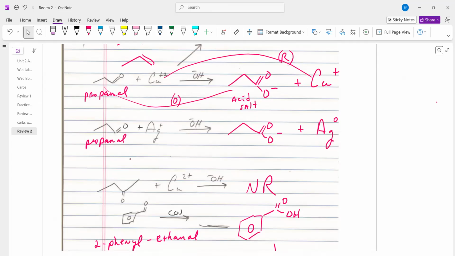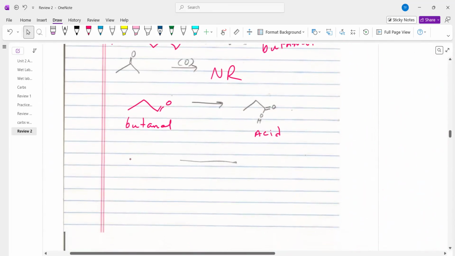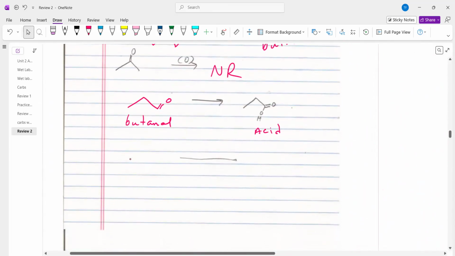A student asked: in the last video you labeled it butanol, wouldn't it be pentanol? Which one? The very last one, down all the way at the end. Sorry, not pentanol, propanol.